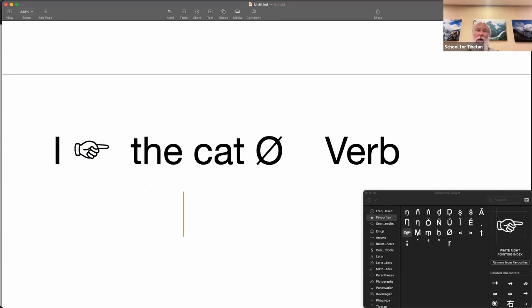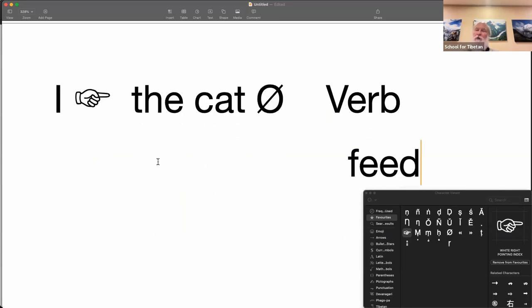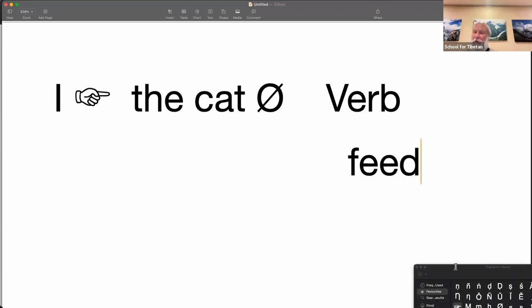I come to the verb, it is like, for example, feed, for which the cat will be grateful. I feed the cat. The cat does not have any grammatical marker, so I know it's the object. So the author can work with this grammar.